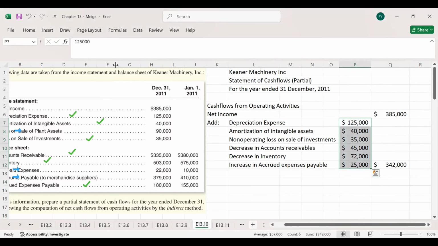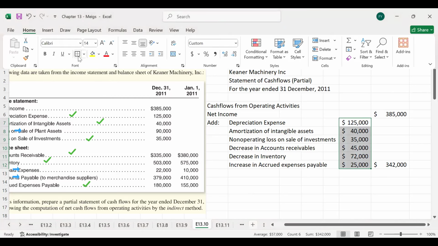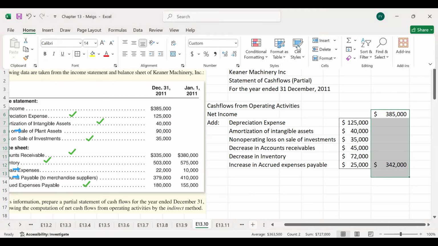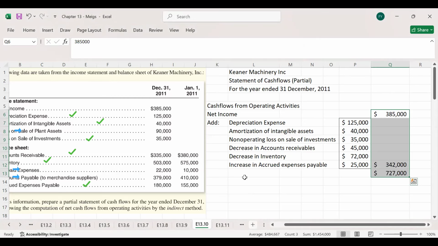So here, this is the way of presentation. We are adding it. So when we add all those adjustments in the net income, we have a subtotal. This is called the subtotal.